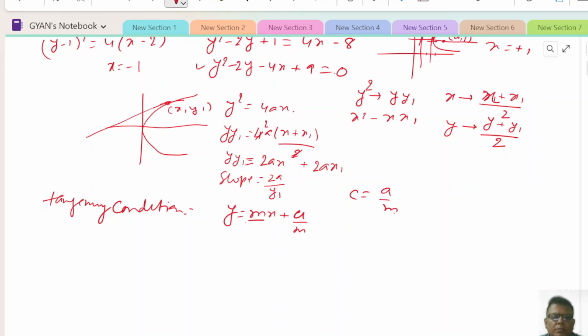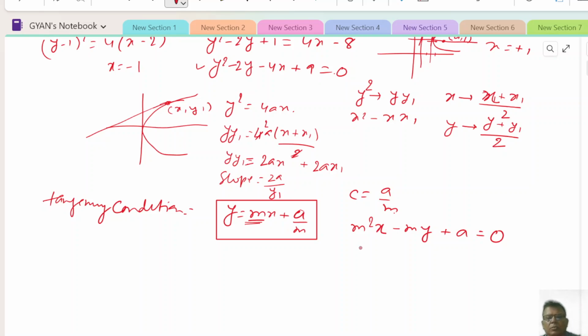If the slope of that line is m, then the intercept must be a by m. This is the tangency condition. So we can see this is a quadratic equation in m, and the equation can be written as m square x minus m y plus a is equal to 0.